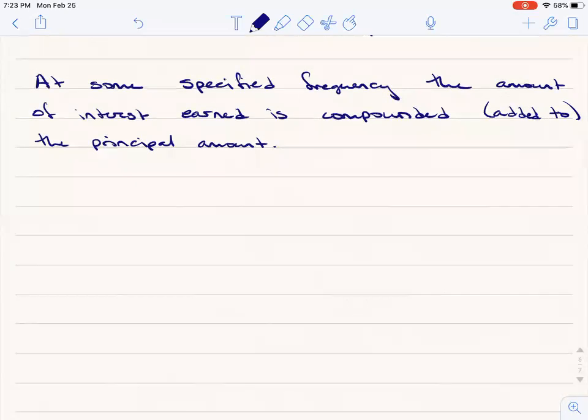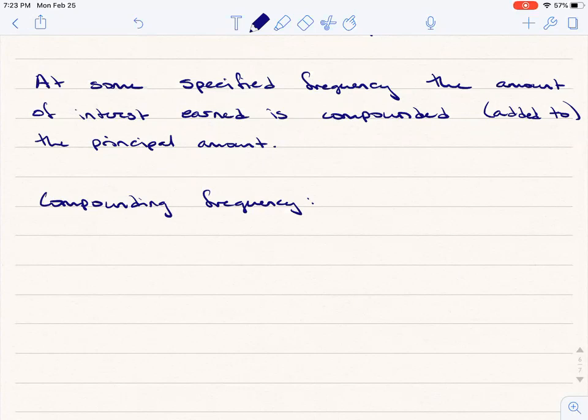We're going to be talking about the compounding frequency a lot. The compounding frequency is the frequency at which we're compounding the interest.